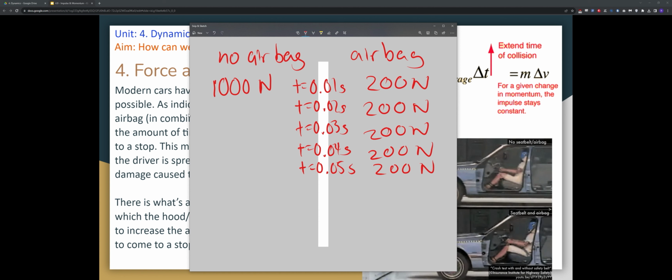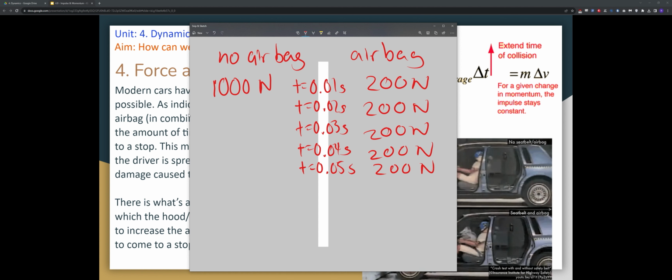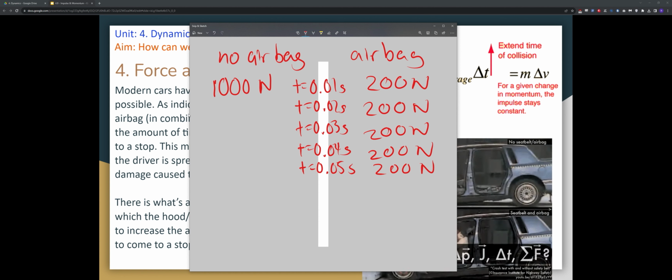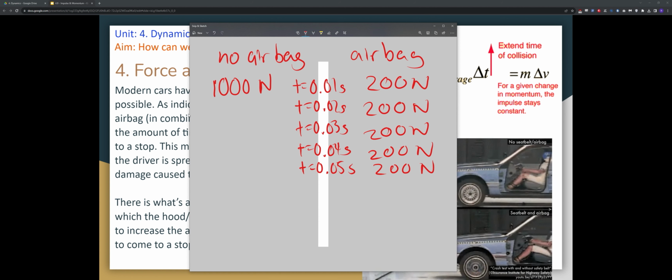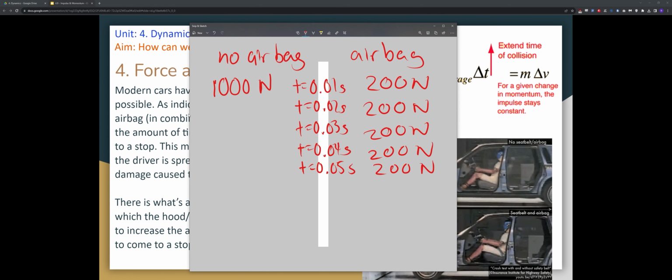Now all this force is experienced in essentially 0.01 seconds, whereas with the airbag, you experience a force spread out over time.